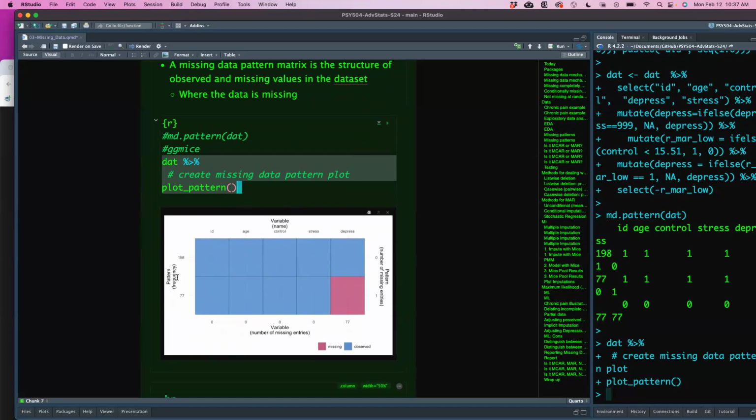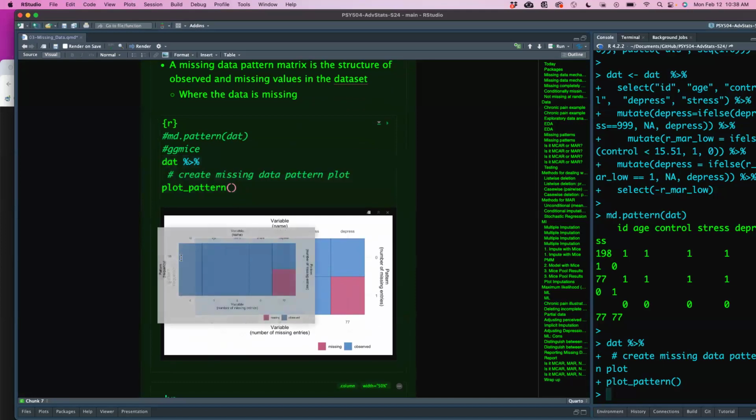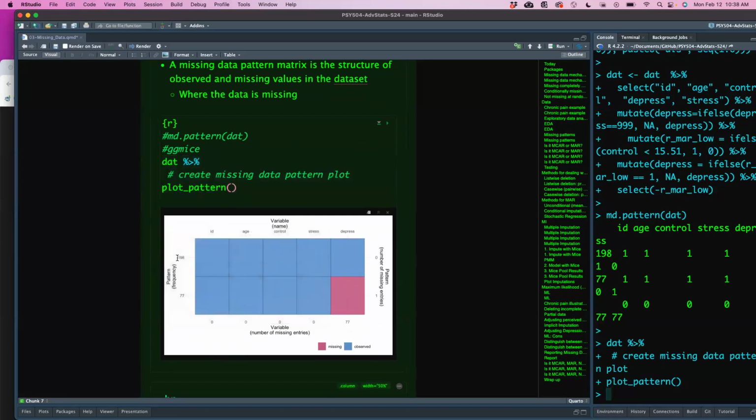On the left-hand side, we have our patterns. Each row is a particular pattern in our data. So here we have two rows, so we have two missing data patterns. The numbers represent the number of observations within those patterns. On the right-hand side, we have the number of missing entries, or number of variables that have that missing pattern. And then on the bottom, we just have missingness per variable, so depression, stress, control, age, and ID.